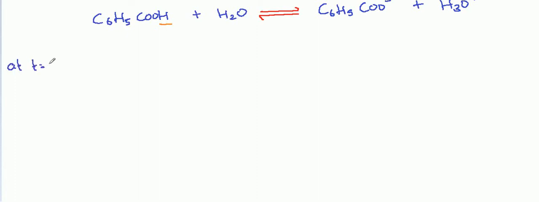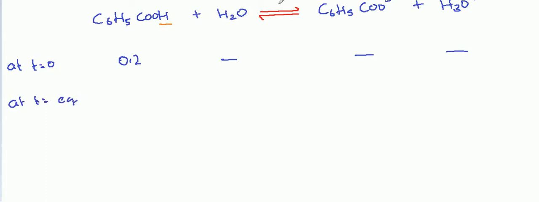At t equal to 0, that is initially, I have 0.2 mole per liter. Then I don't have anything for water, and because water is a solvent, I'm not going to consider this one. And I don't have the formation of my product also.